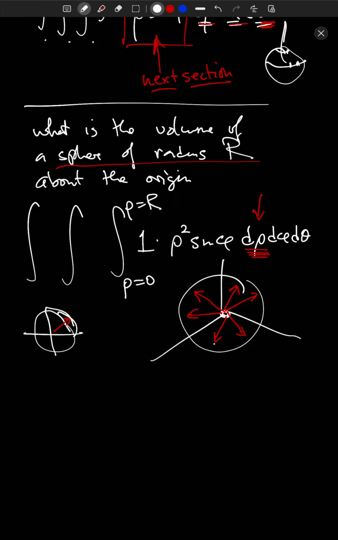All right. What about the other two? Normally we think of it in terms of a shadow, right? In rectangular coordinates, if we do dz first, we think about the sun shining from above along the z-axis, and our object creates a shadow in the xy plane. Now, one way you can think of this is we have a sun or a light bulb shining at the origin.